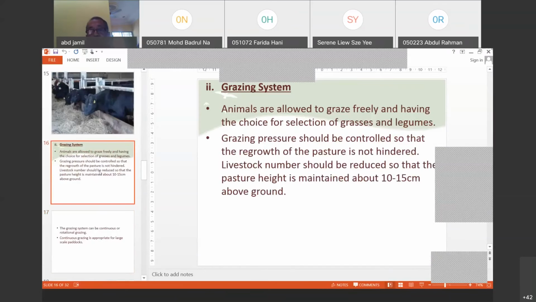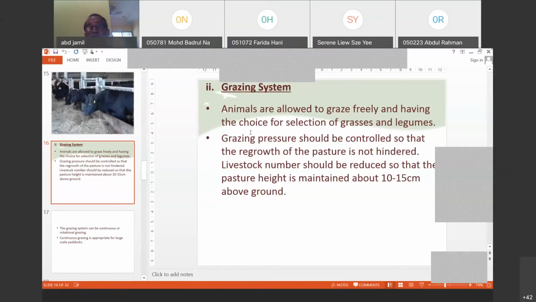Okay, the grazing system. Just now we talked about the cut and carry system. Now it's the grazing system. When you allow the animal to graze on the grasses, you are not cutting the grasses, but the animal will cut the grasses. So it's cheaper. The labor cost is cheaper, but the problem is you need big land area because when animals step on it, the grass must be persistent.